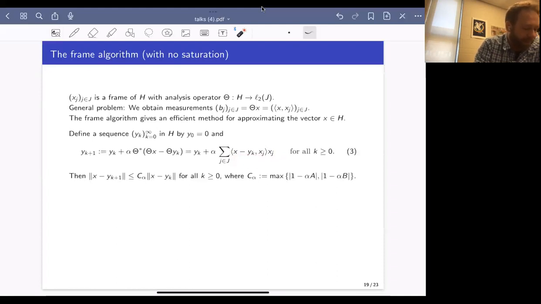And the classical inequality says, I haven't said what alpha is. Okay. Alpha is some coefficient between 0 and 2 over the upper frame bound.